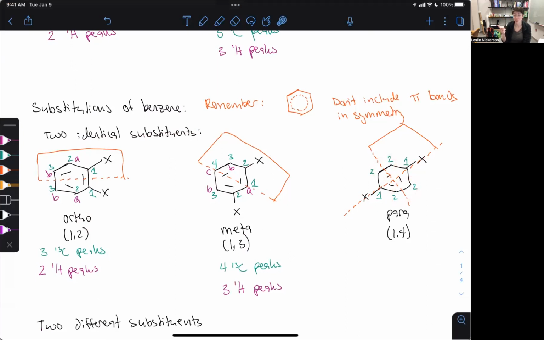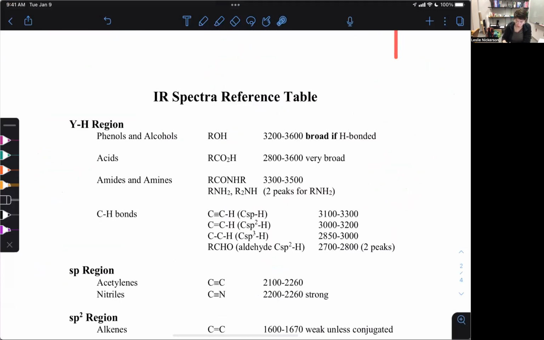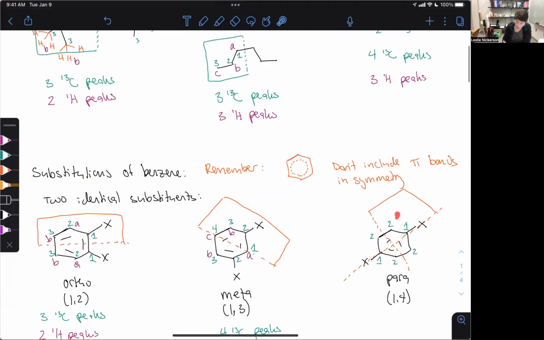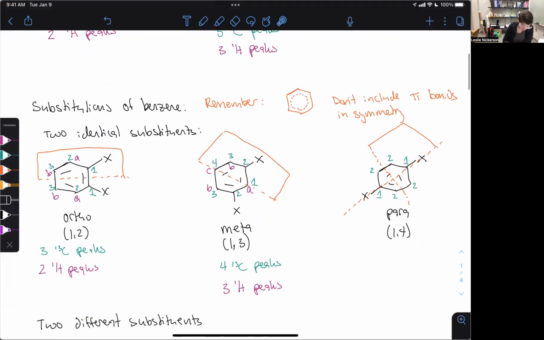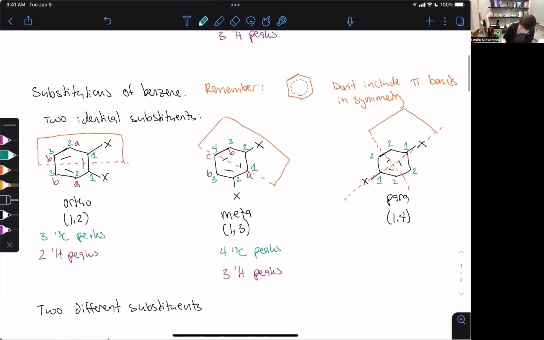That's what I mean here. All of the 2s are going to be 1 peak only. So for carbons, we've got 2 carbon peaks. And then for proton, we've got A, and we only have the 1 proton that's in that box. So all of these are A.